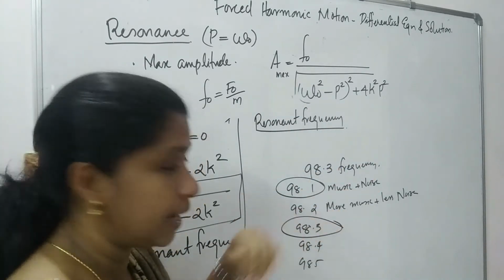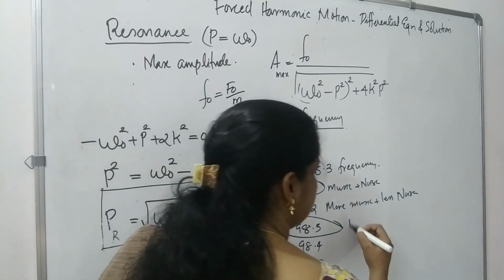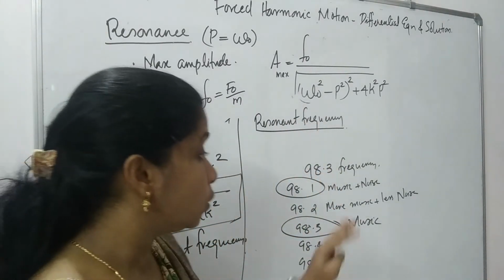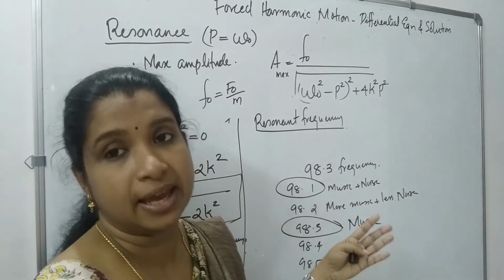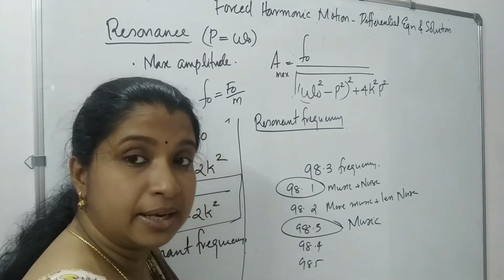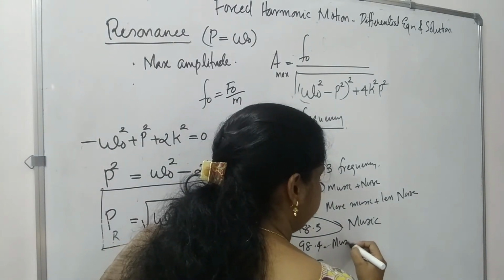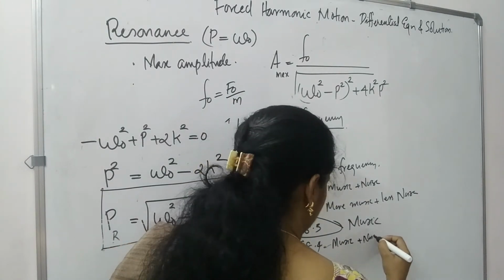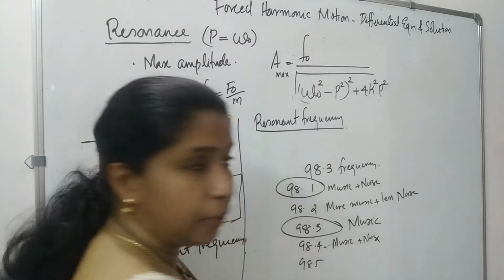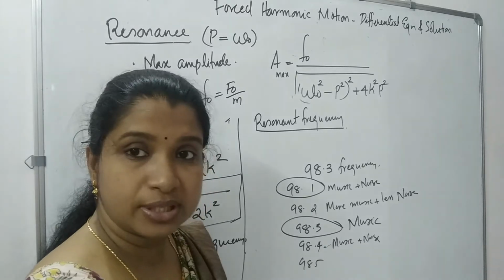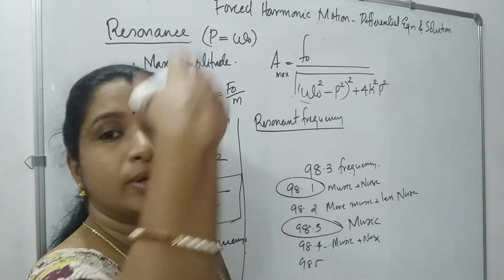So at 98.3, we get music alone, that means good quality of music we can hear. Then when it becomes 98.4, again music plus noise. Then 98.5, noise increases, music decreases. Again 98.6, music decreases, noise increases.